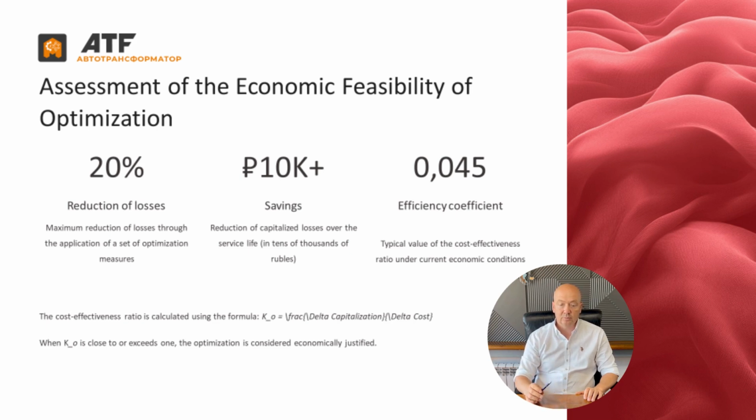4,450,000 rubles. The capitalization coefficients are KY equals 3,100 rubles per kilowatt for no load losses, KX 2,000 rubles per kilowatt for load losses. Now let's calculate capitalized losses.